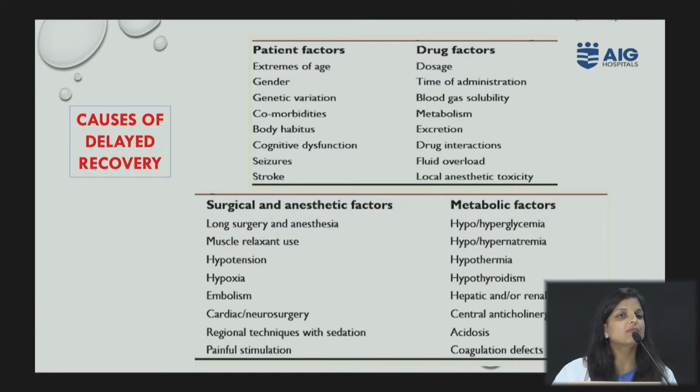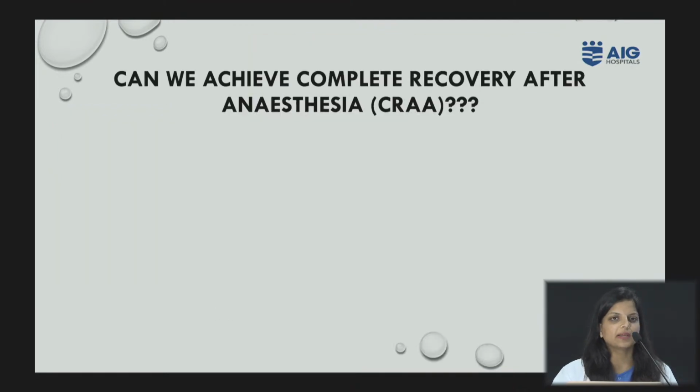Some drug factors, like what dose was given, the time of administration, blood gas solubility of the drug, metabolism and excretion of the drug, interactions, fluid overload, and factors like the duration of surgery and anesthesia, the muscle relaxant that was used, hypotension, hypoxia, embolism, cardiac and neurosurgery, regional techniques with sedation and painful stimulation. Metabolic factors like hyperglycemia, hypernatremia, hypothermia, hypothyroidism, hepatic and renal dysfunction, central anticholinergic syndrome, acidosis and coagulation defects.